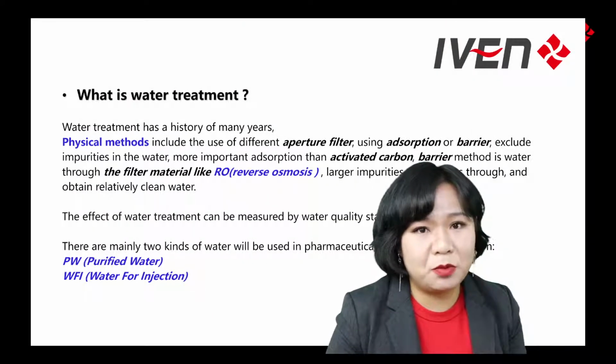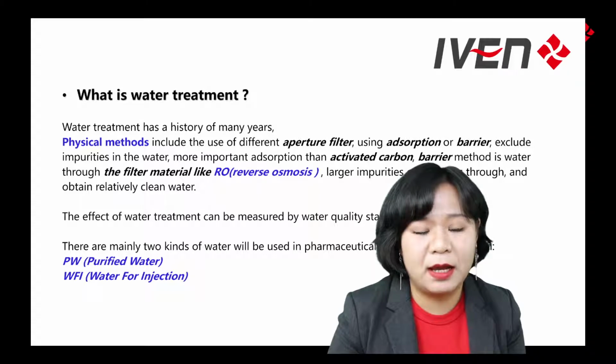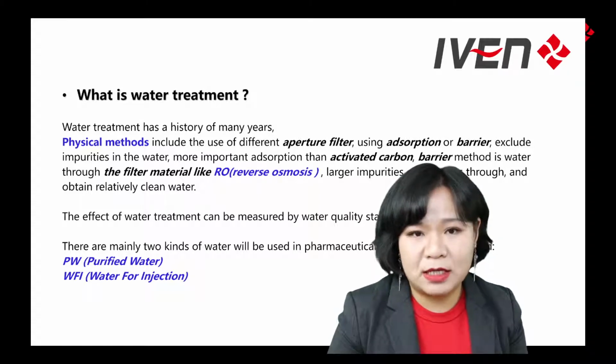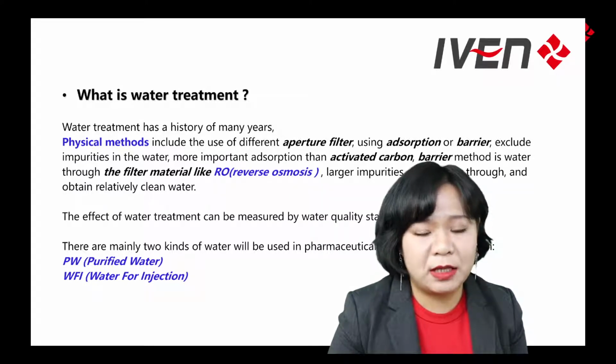First, what's water treatment? Water treatment has a long history in human beings' history. Physical methods include using different aperture filters, using absorption and barrier to exclude the impurities in water.